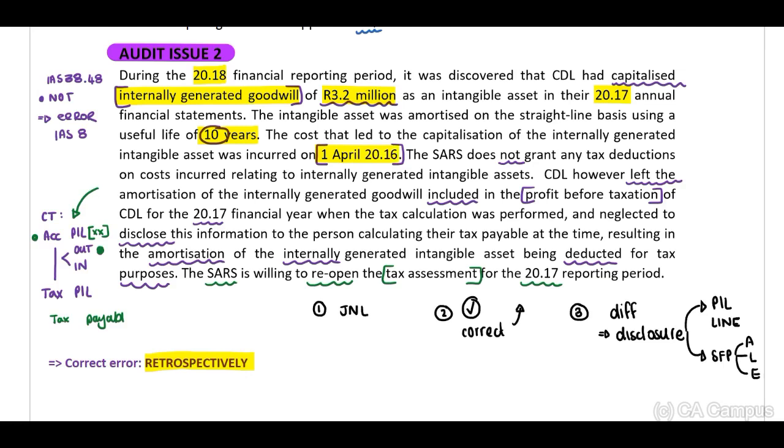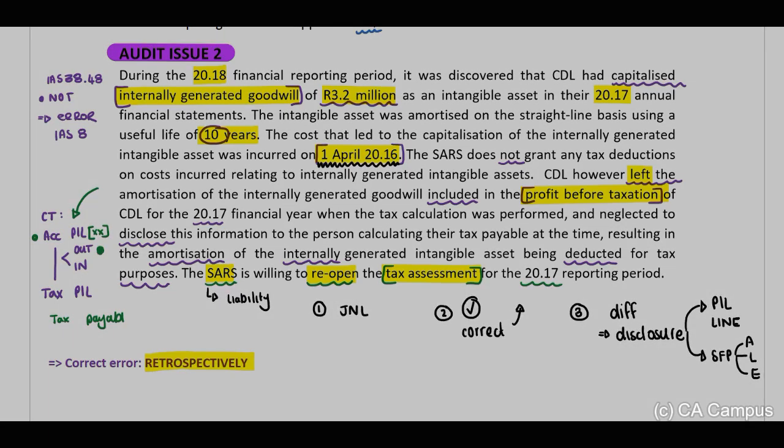Therefore, this is the date that we need to use to start with our amortization that we now need to reverse. And then they've indicated to us that CDL included the amortization in the calculation of the tax. However, SARS is willing to reopen the tax assessment. Therefore, we need to identify that there will be a tax liability line item included in our disclosure.